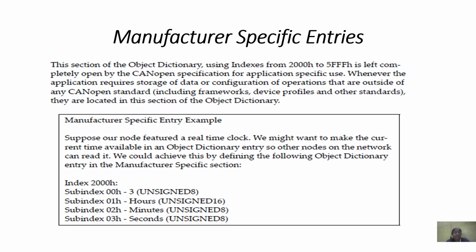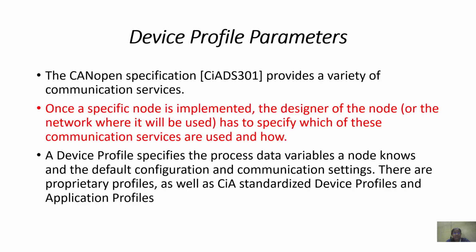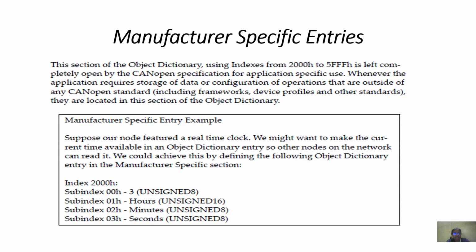The next one will be manufacturer specific entries, or application specific entries. Here, the node features are at indexes from 2000 to 5FFF.